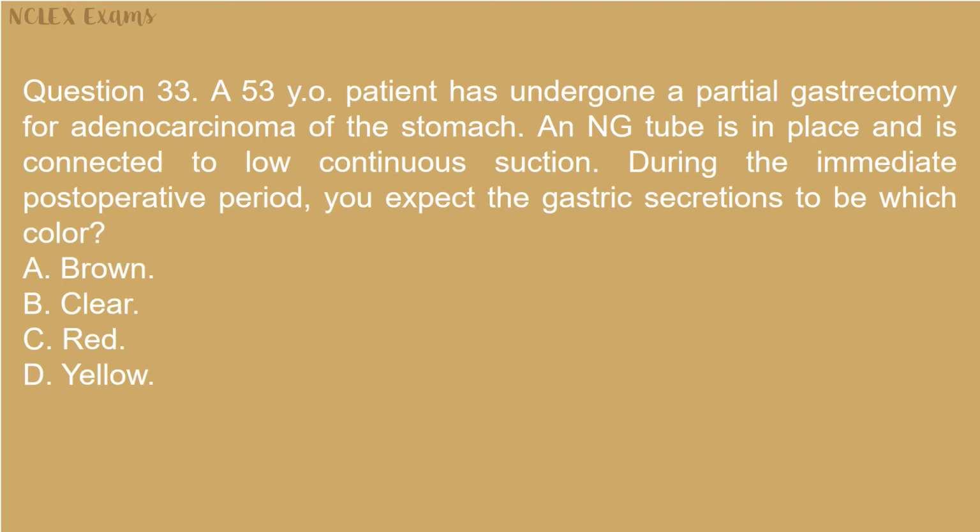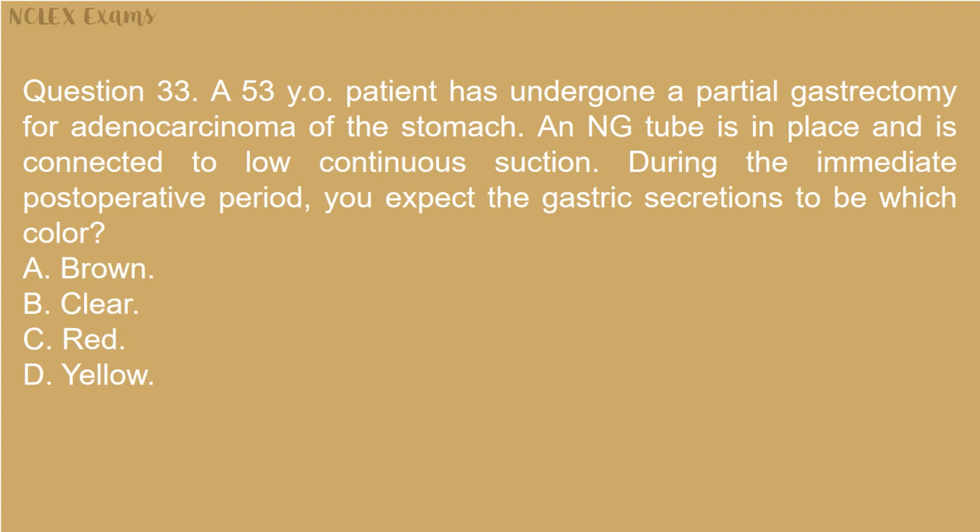Question 33. A 53-year-old patient has undergone a partial gastrectomy for adenocarcinoma of the stomach. An NG tube is in place and is connected to low continuous suction. During the immediate postoperative period, you expect the gastric secretions to be which color? A. Brown.